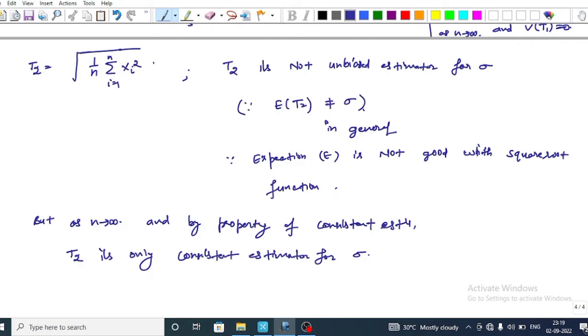Now come to option C, that is T3 equals to 1 upon n minus 1 summation i equals 1 to n xi minus x mean, sample mean.